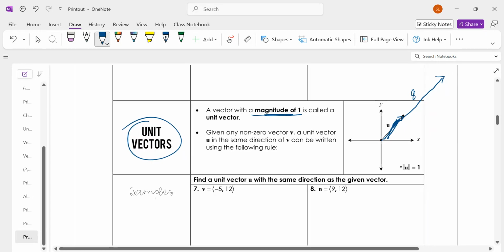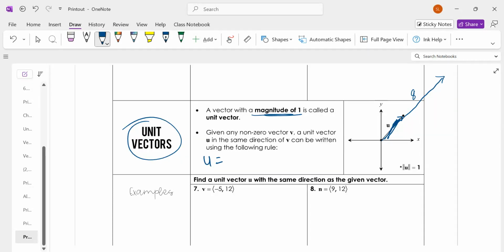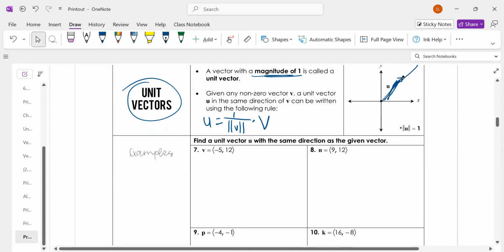We can find any unit vector in the direction of another vector by this formula. U, which is a unit vector, is going to equal 1 over the magnitude of our original vector v, and then I'm going to multiply that by v. It seemed a little confusing. It's actually not as bad.